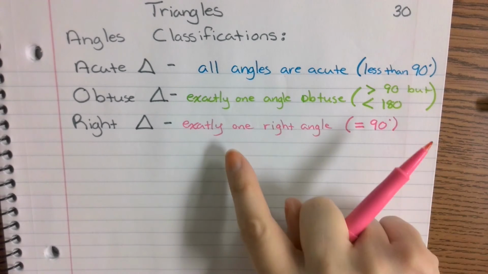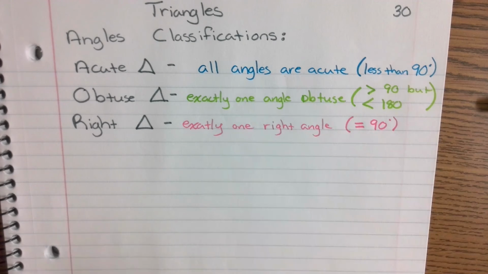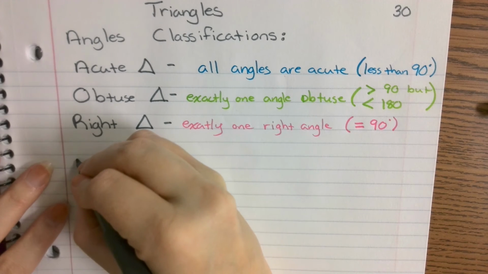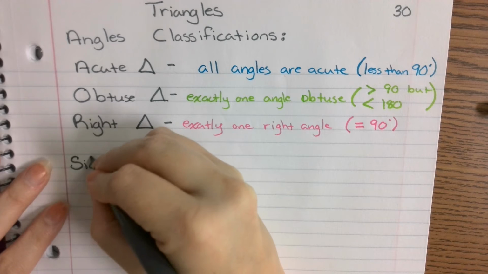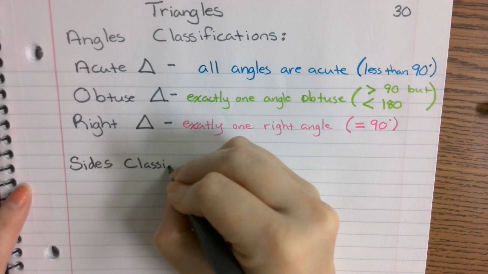If you have more than one right angle, you won't be able to form a triangle. So those are the ways that we classify them by their angles. You also have to know how to classify them by their sides. So we're going to talk about sides classification now.